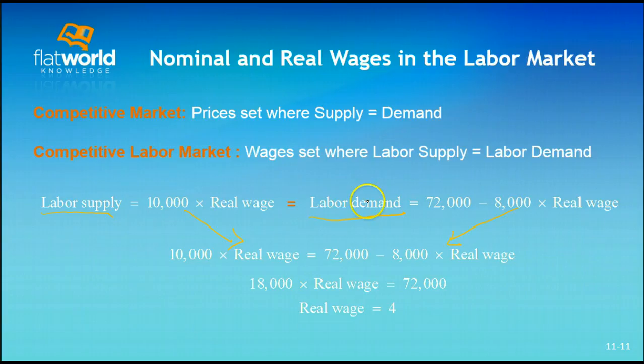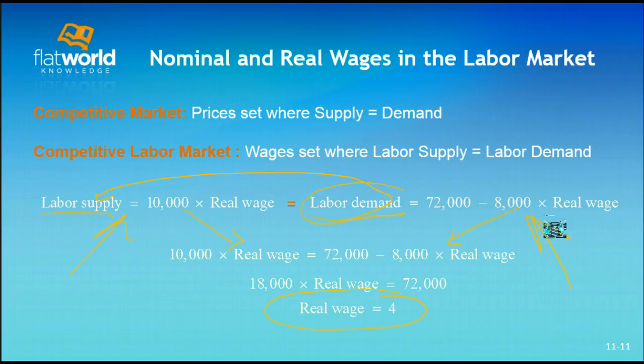Labor supply must equal labor demand, right? So 10,000 times the real wage must equal 72,000 minus 8,000 times the real wage. If we do a little bit of algebra, we find that in this market, with these characteristics, the real wage is $4.